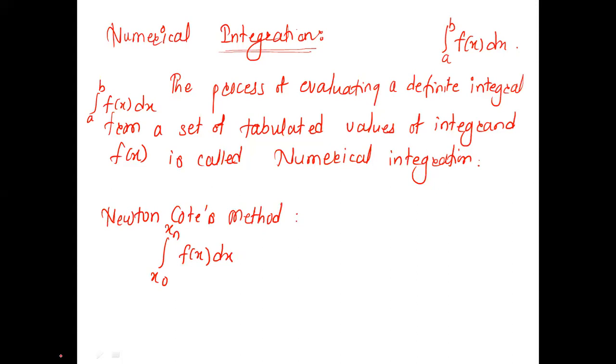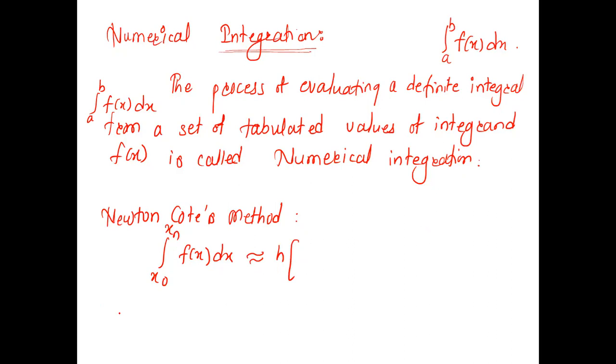So you have to break this interval, where xn is x naught plus n h. H is the length of the interval. You have to define it there. I'll tell you how to define it.